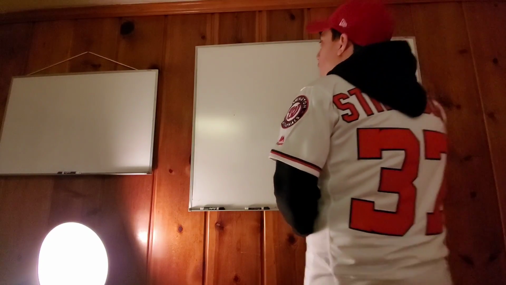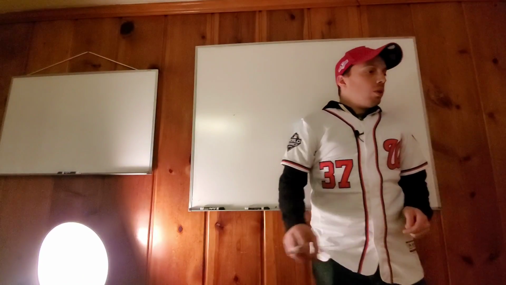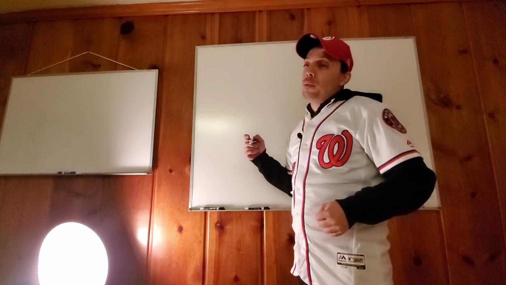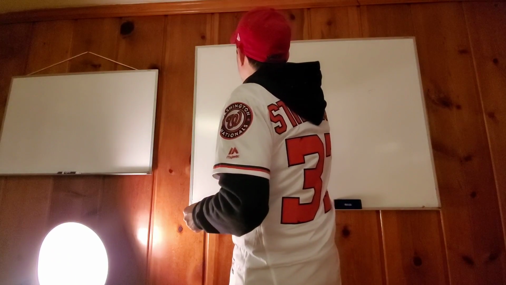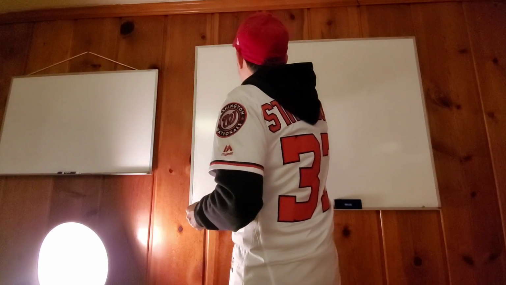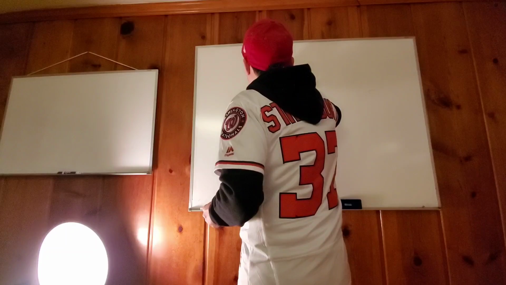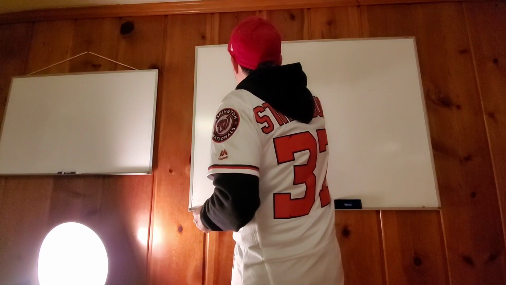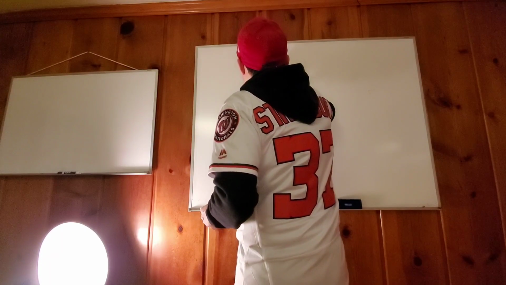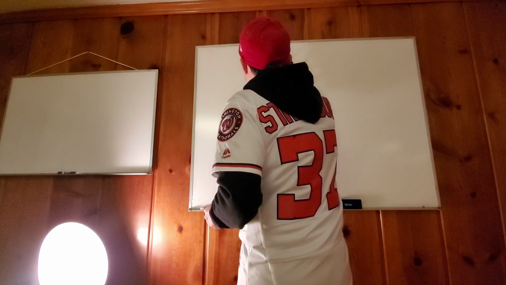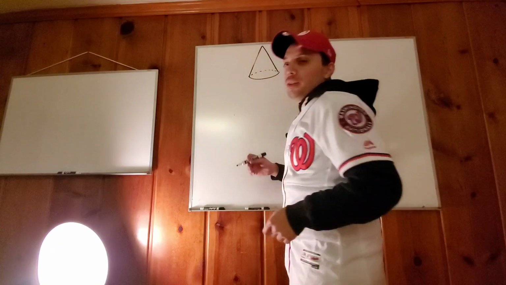All right, guys, in the last example, we're going to do cones. So for cones, we're going to use the same principle we use for a pyramid. The base of the cone is a circle, and then obviously the rest of it is the cone part.